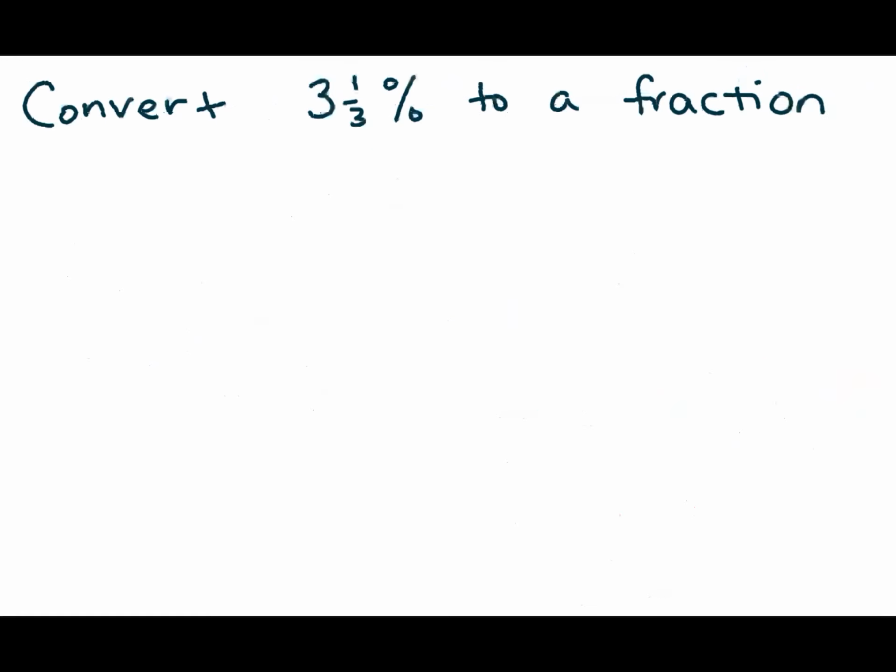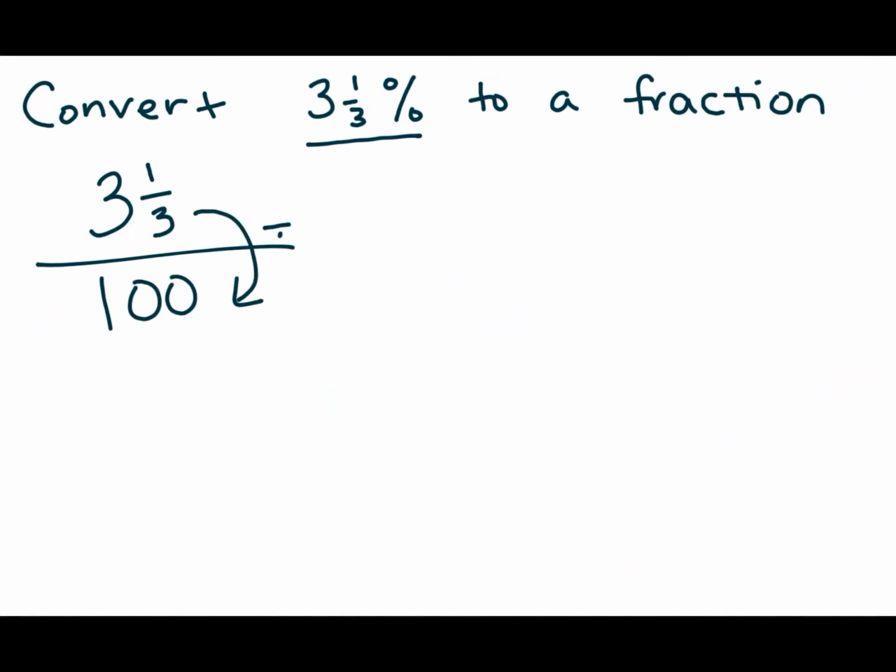Convert 3.33% to a fraction. So again, that's the same as saying 3.33 out of 100, or 3.33 divided by 100. 3 1/3 divided by 100. There's a bunch of different ways you could figure this out. This one just seems to be the simplest.